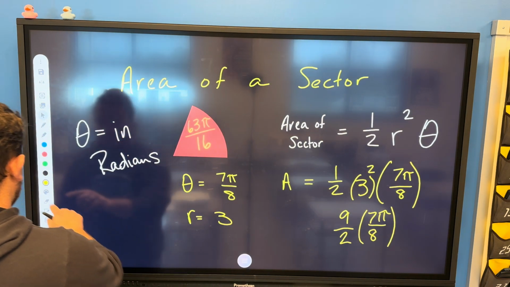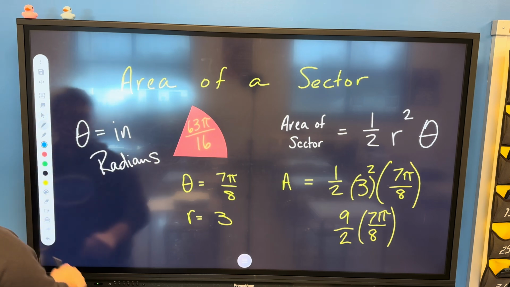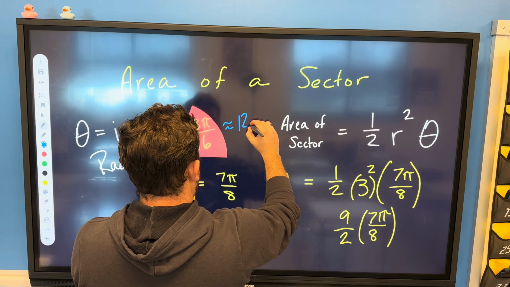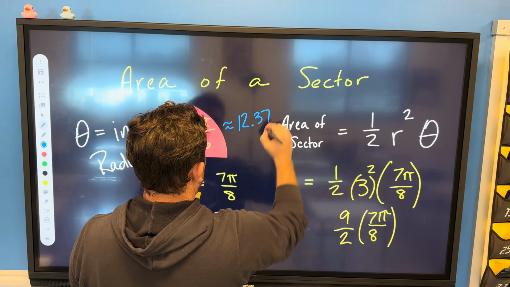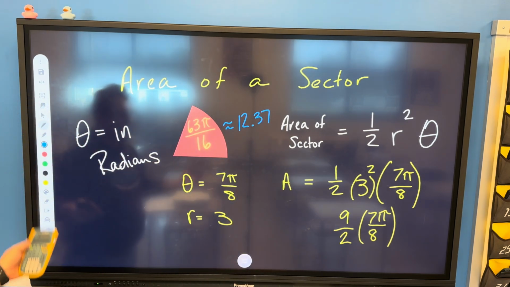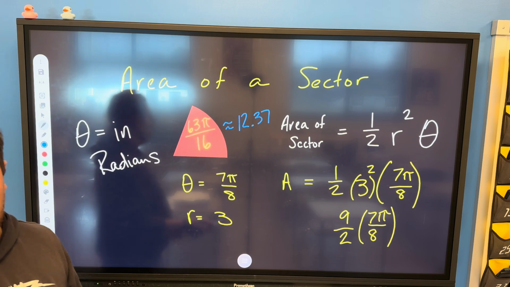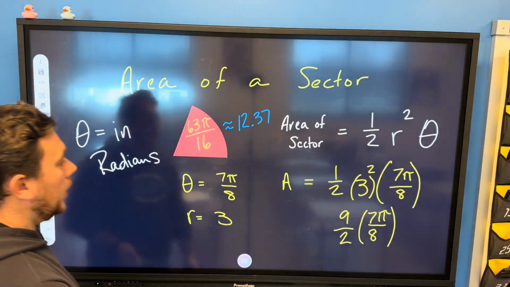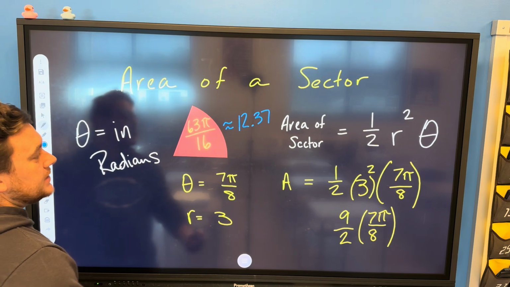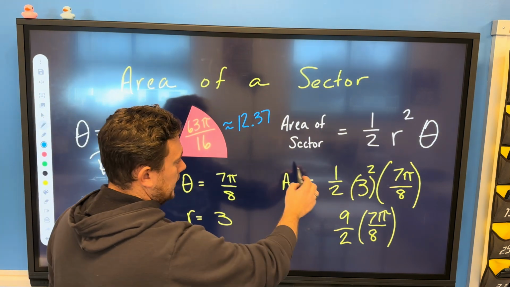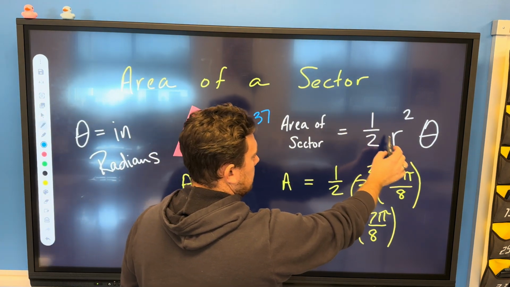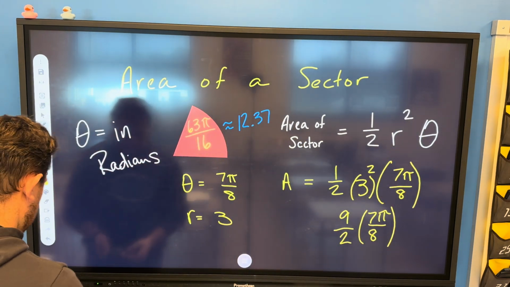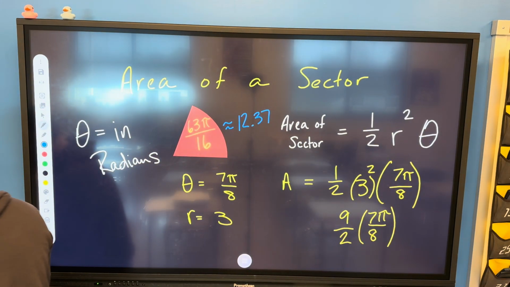We weren't told inches or centimeters here, but that would be 12.37 inches squared or feet squared or what have you. Either way, this is the way that we find the area of the sector. It's 1/2 times the radius squared times the degree measure in radians. It's got to be radians or it does not work.